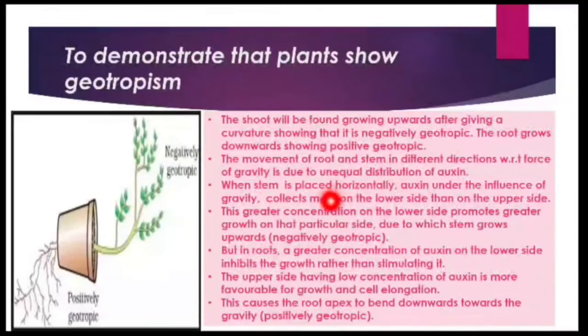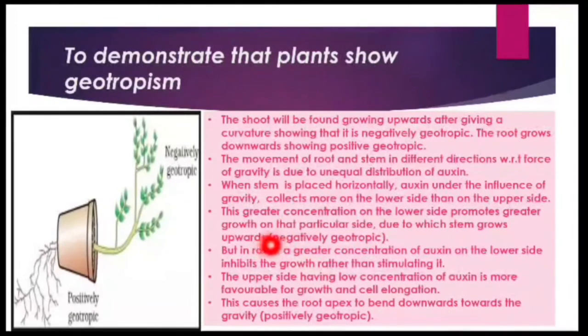The movement of root and stem in different directions with respect to the force of gravity is due to unequal distribution of auxins. When the stem is placed horizontally, auxin under the influence of gravity collects more on the lower side than on the upper side. This greater concentration on the lower side promotes greater growth on that particular side, due to which the stem grows upwards, that is, negatively geotropic.